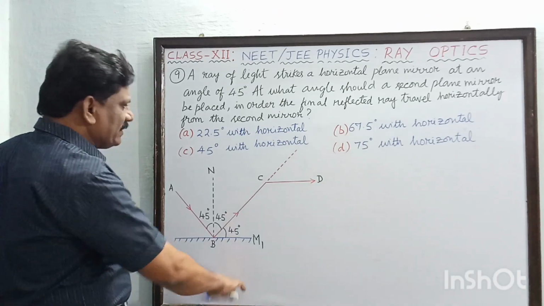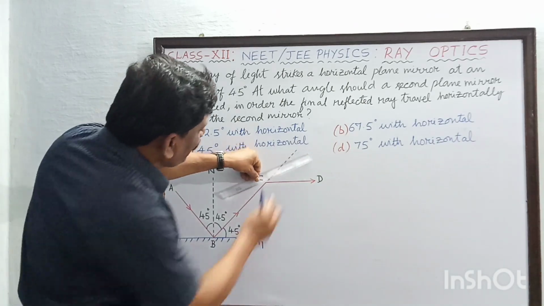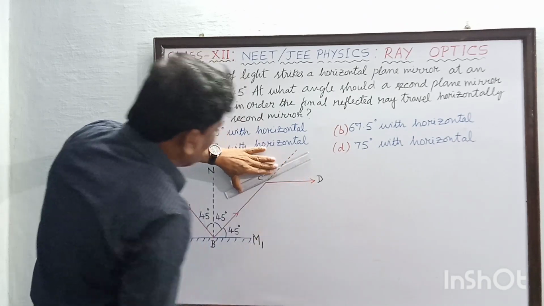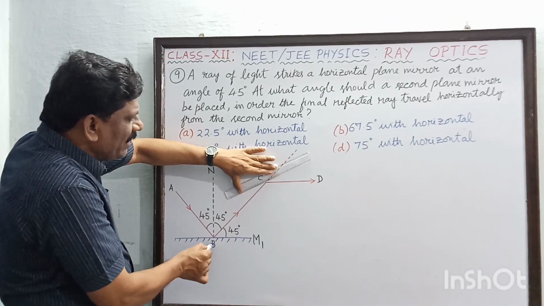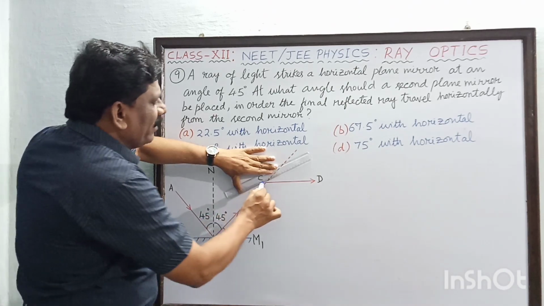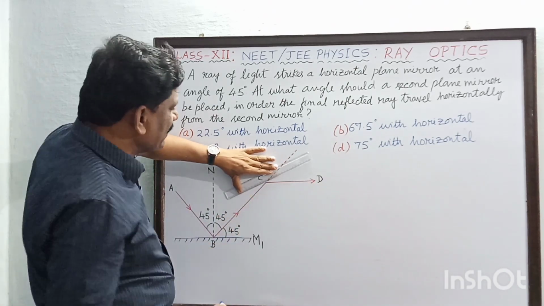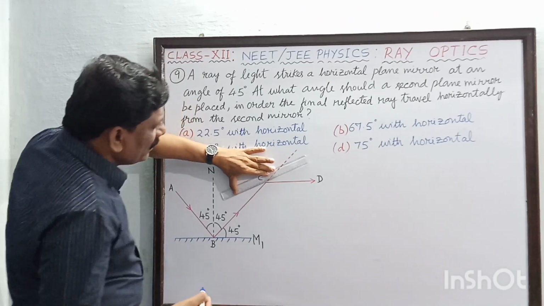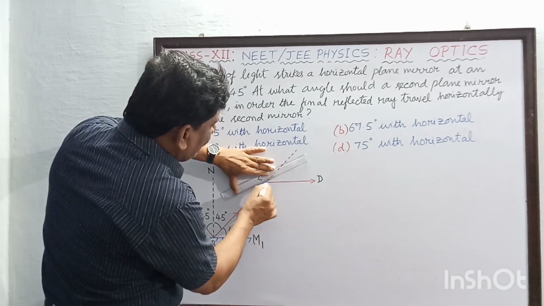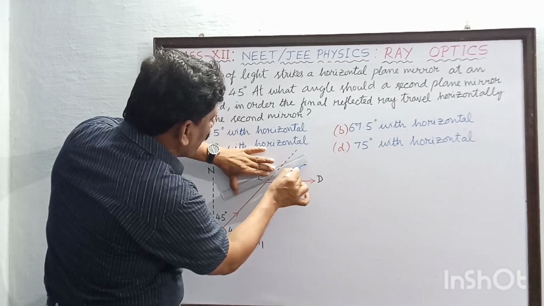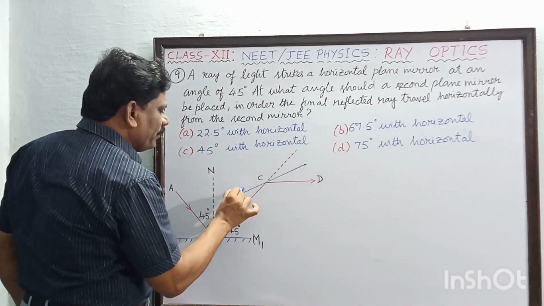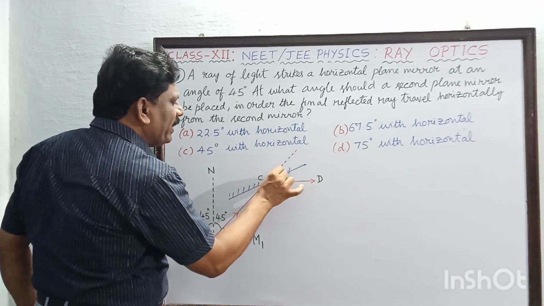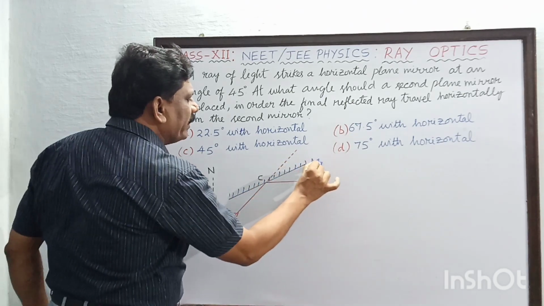I will place it in such a position that the angle of incidence of the ray BC is equal to the angle of reflection of the ray CD. So approximately, this must be the position. I am drawing the plane mirror like this. So the second plane mirror must be placed in this position only, M2.